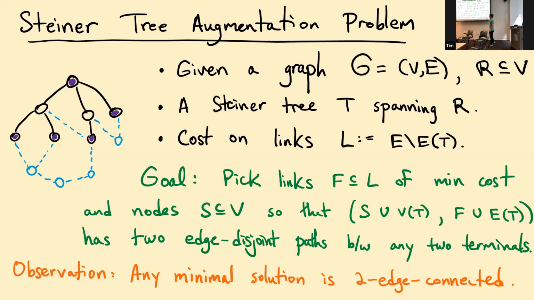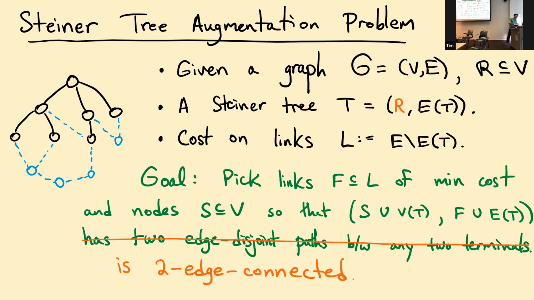So it will have two pairwise edge-disjoint paths between any pair of nodes, not just terminals. Intuitively, you would never include a Steiner node which isn't involved in a path between terminals.